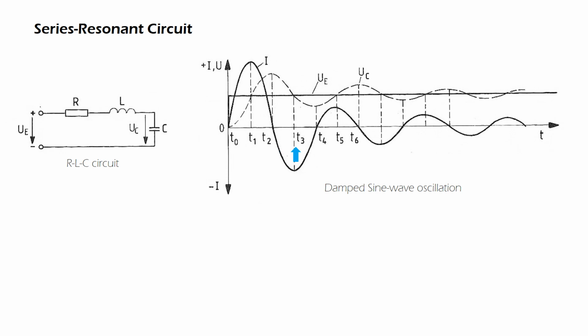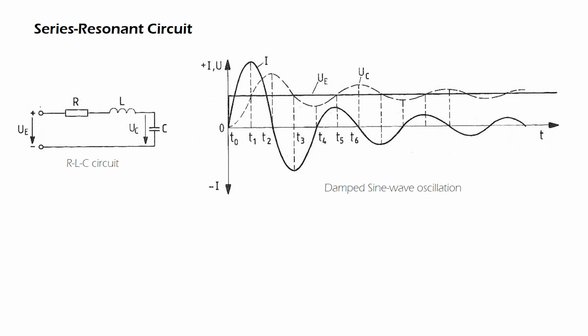At the moment T3, the capacitor voltage UC is equal to the applied voltage again. Once more, the inductor L prevents the current from changing abruptly to zero. After the moment T3, the capacitor continues being discharged. At the moment T4, the voltage UC has reached its minimum, and the current has crossed zero.